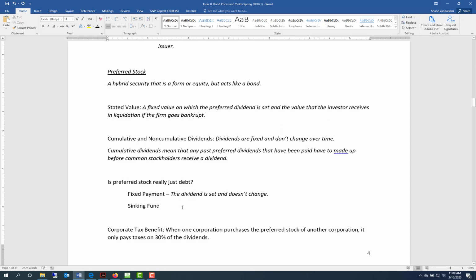Just like common equity, in theory, the life of that equity is infinite. It'll go on forever. In reality, preferred stock often has a sinking fund, meaning that they have an agreement with their investors in those securities that over time they will repurchase those shares of preferred stock. Or they'll set up a sinking fund, an escrow account, for which they'll contribute money in order to repurchase those shares of stock at a later time.